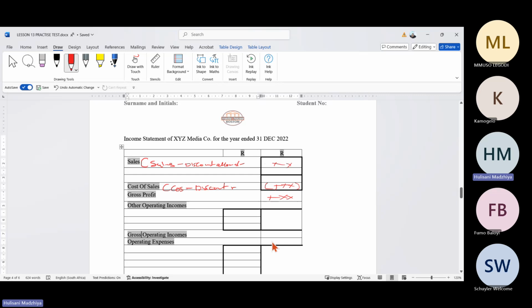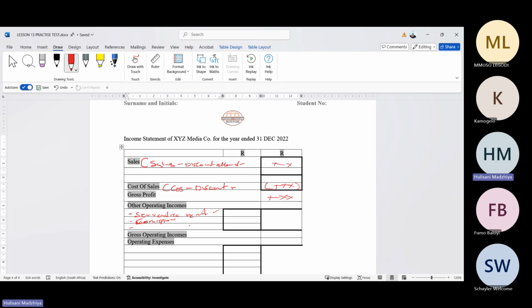Operating income. Under operating income, only include income arising from business operation. This includes services rendered. This also includes commission. You can then have your rental income if you're renting out space that you use for your business operation to another company.